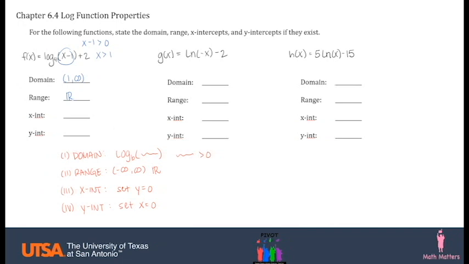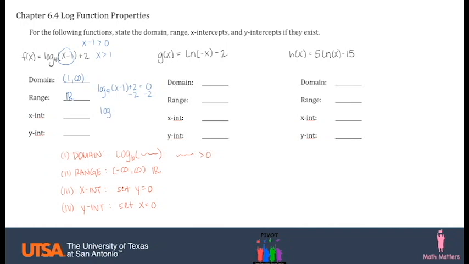Then our x-intercept is going to be obtained by setting y equals 0. So we have log base 4 of x minus 1, plus 2, and we're going to set this equal to 0. From here, we just use simple algebra to solve for x. The first thing we want to do is get rid of that 2, so let's subtract 2 from both sides.